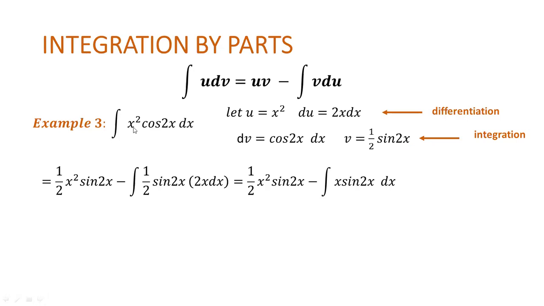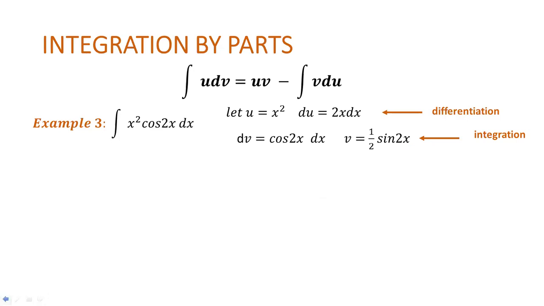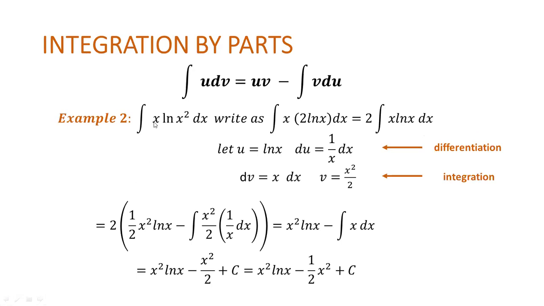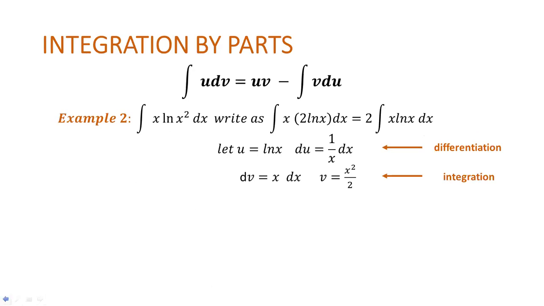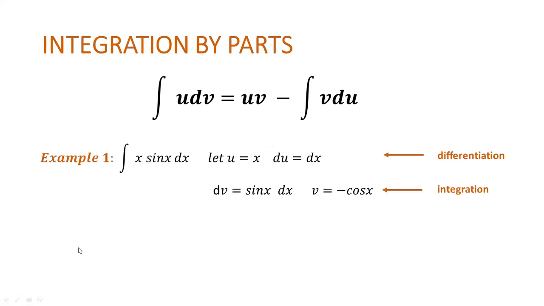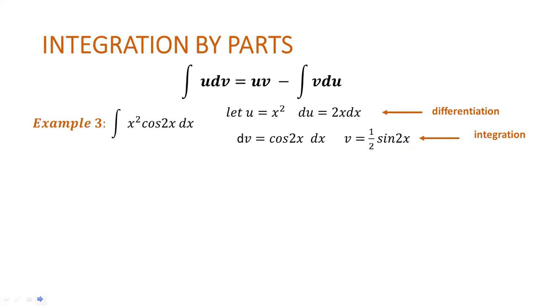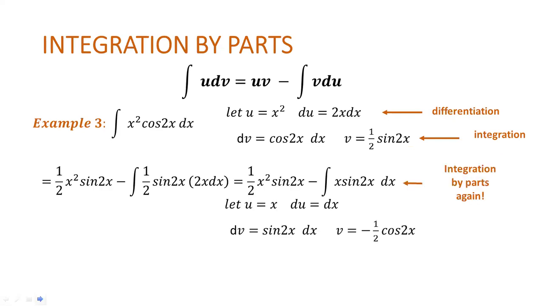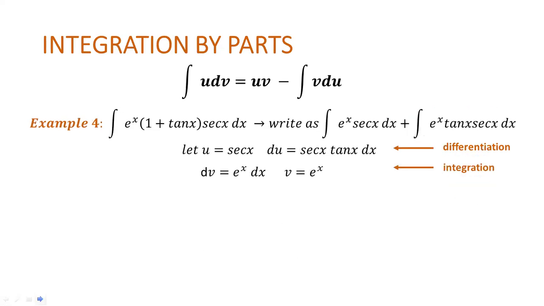Example 1 is algebraic trigonometric, and example 2 is algebraic logarithmic. Both are products of two different functions, so it's advised that you use integration by parts.